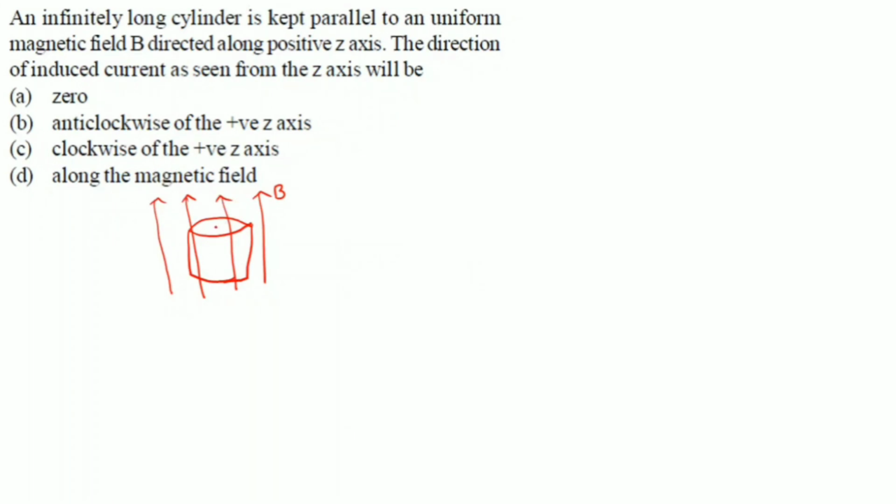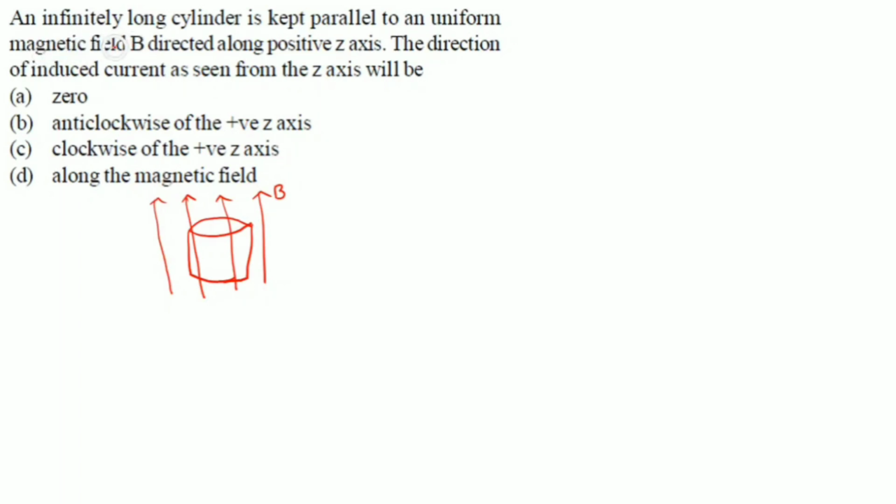The second point is, suppose the magnetic field lines are changing, then that produces an electric field. This electric field applies force on free electrons of the cylinder, then current will be induced. But according to this question, this is a uniform magnetic field, so the magnetic field is also not changing.